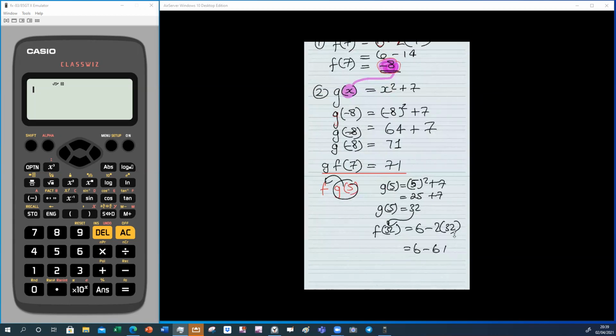So it'll be minus 64. So f of 32 will give you that. What's 6 minus 64? Minus 58. So that is actually fg of 5.